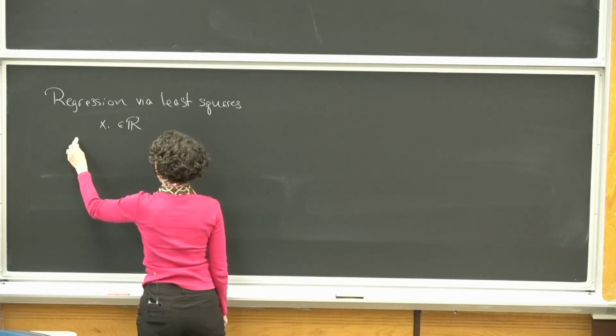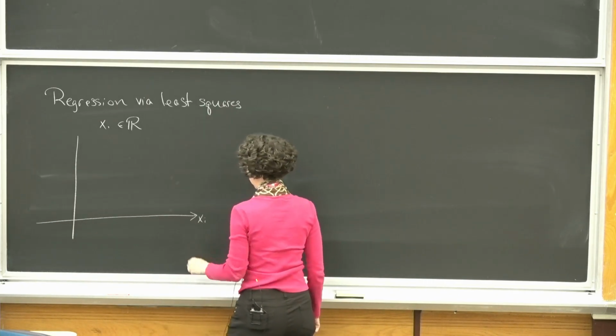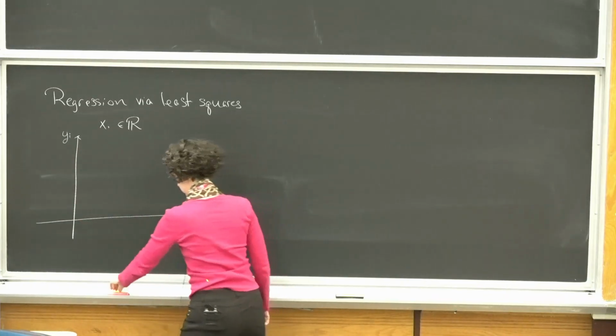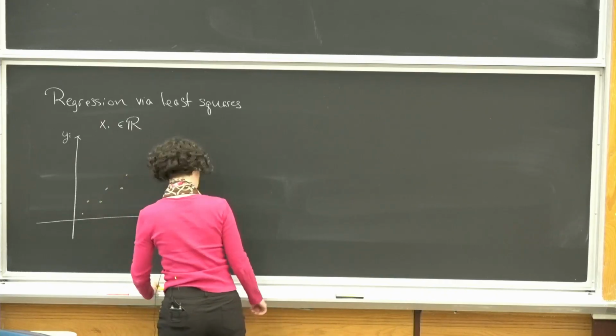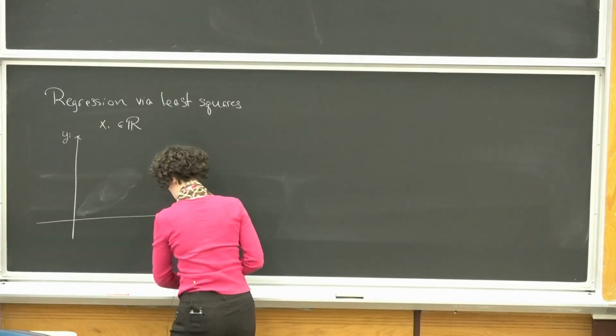And so we might have samples where we've got the xi's on the horizontal axis and the yi's on the vertical axis. And then we've got a whole bunch of samples here. And I just want to actually draw this in a more extreme way.